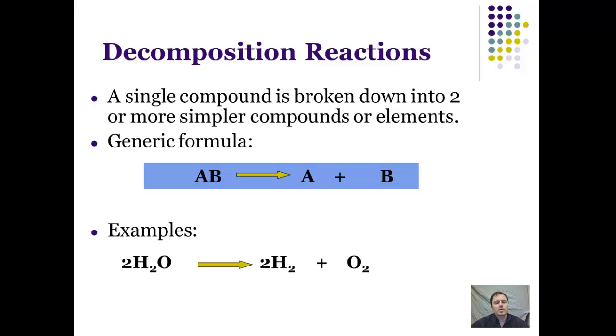Examples: water breaking down into hydrogen gas and oxygen. We can run a little electricity through water and get this to break down. Another example would be mercury 2 oxide breaking down into mercury and oxygen. Okay, so a couple of reactions there. You start with one compound, it breaks down into 2 simpler products.